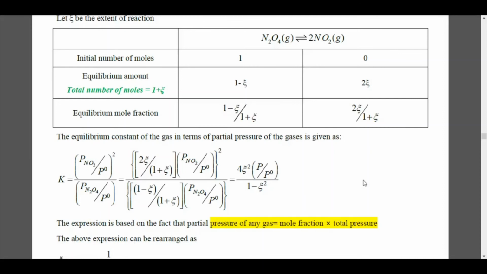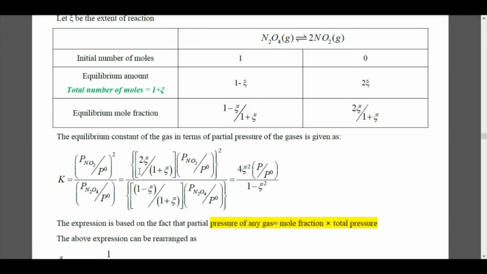As this is a gaseous state reaction, I can express my components in terms of partial pressure. So if I do that, what I'll get is equilibrium constant is equal to partial pressure of the product divided by partial pressure of the reactants, again both raised to their corresponding stoichiometric coefficient.